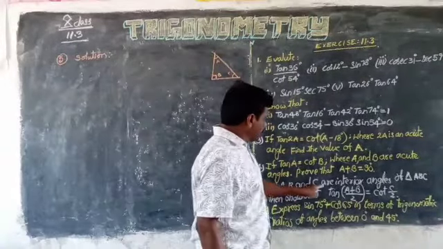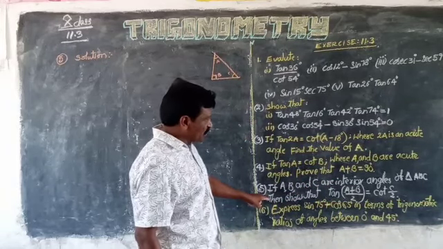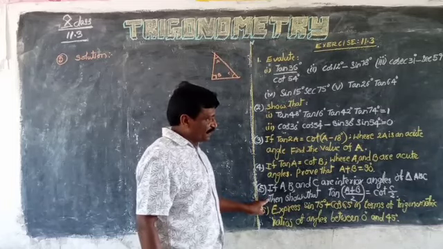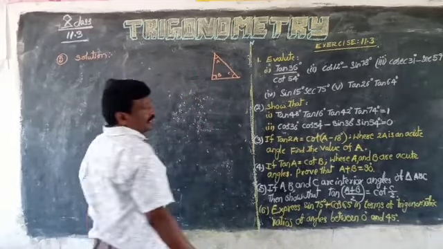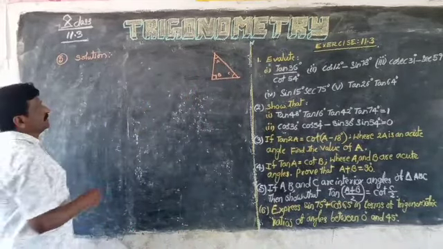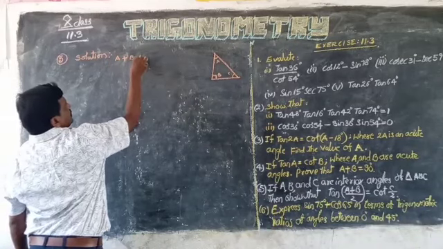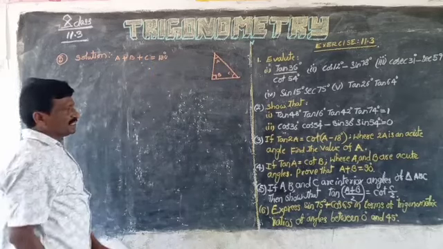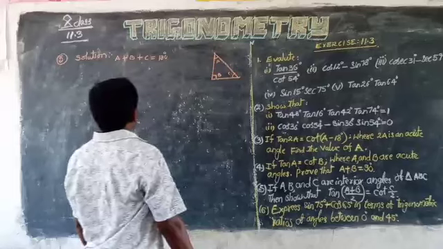If A, B, C are interior angles of triangle ABC, then show that tan((A plus B) by 2) is equal to cot(C by 2). In triangle ABC, the three angles sum to 180 degrees: A plus B plus C is 180 degrees.